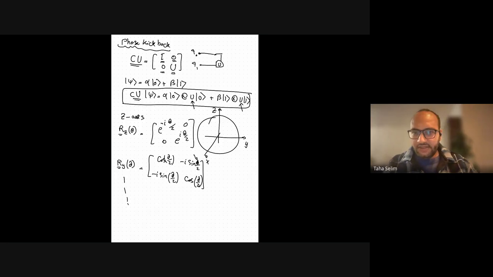Okay, so this is a review on the rotational gate. Now let's see the phase kickback, how it happens.